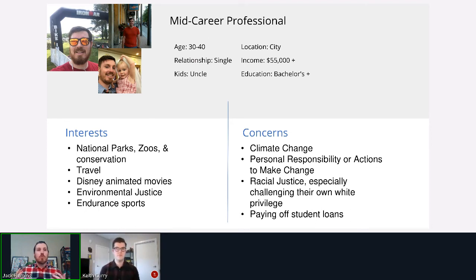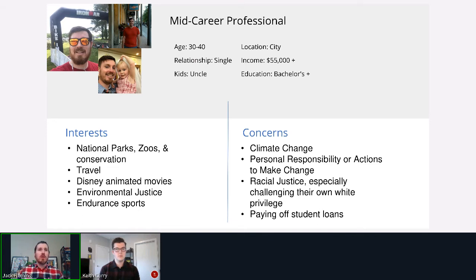Location, city or an urban area, maybe suburban, so a more densely populated area. Income level, we're thinking a usable differentiation here is 55,000 or above. That's hypothetically based on the city we're in, where the zoo's located. And then education, we're looking for a bachelor's degree and above.